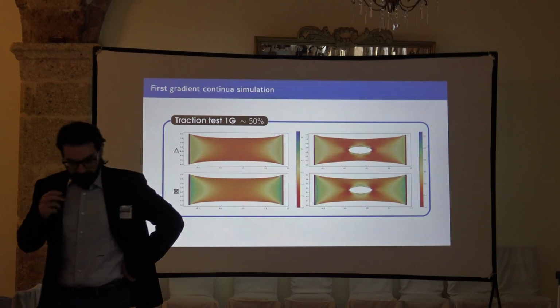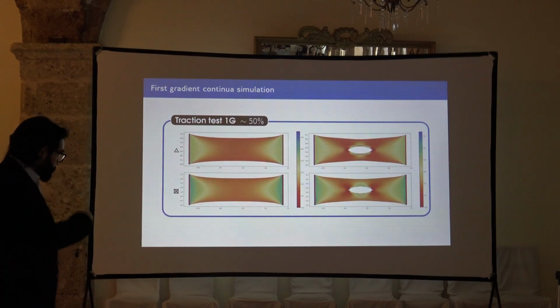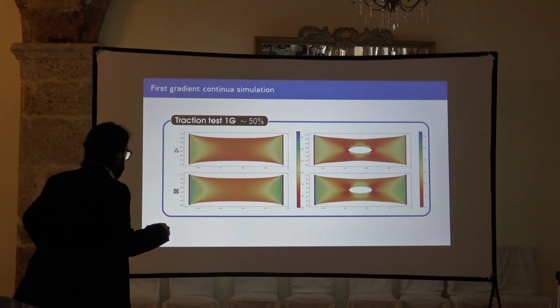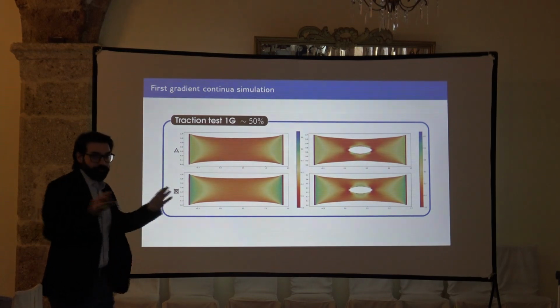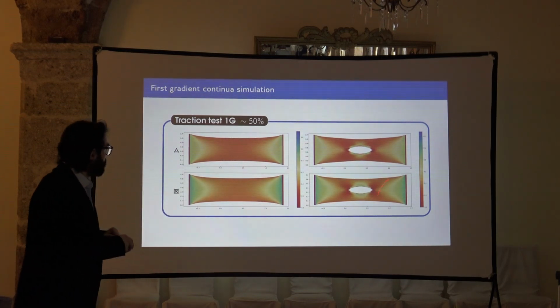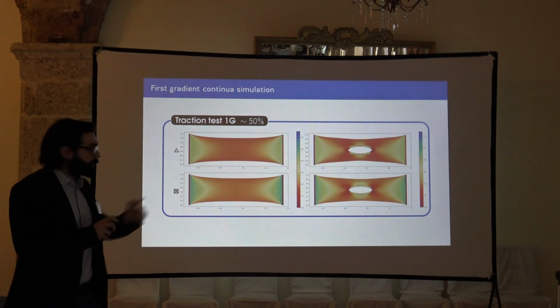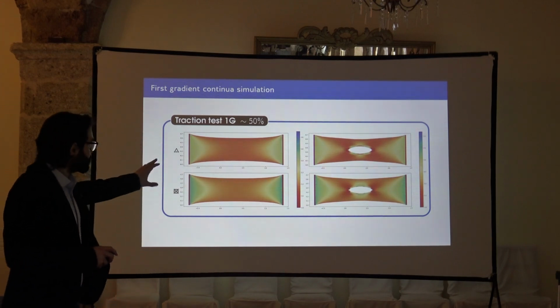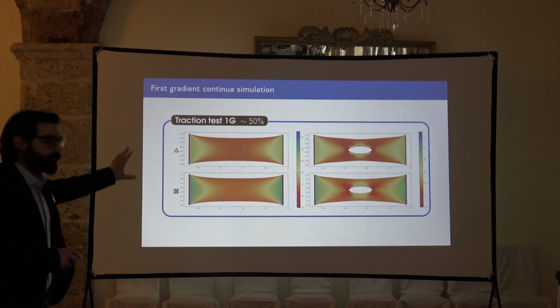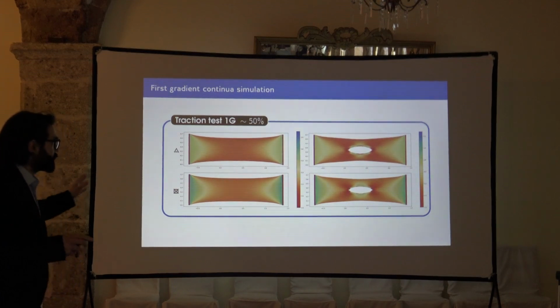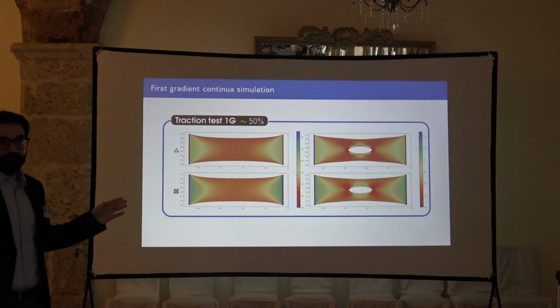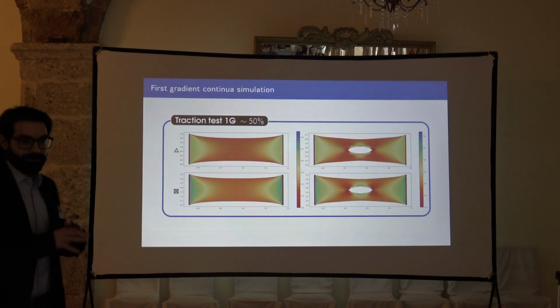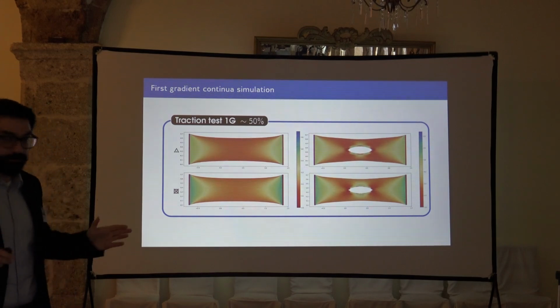The important thing about these four simulations is that we got the Poisson effect naturally. The presence of the hole is not a problem for us. The model does not have a slowdown.